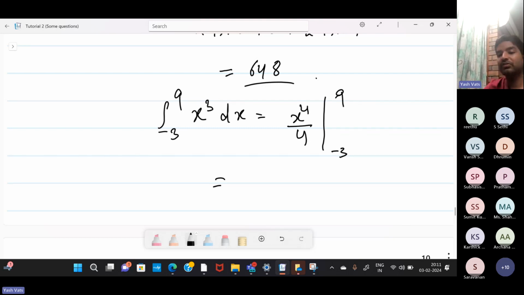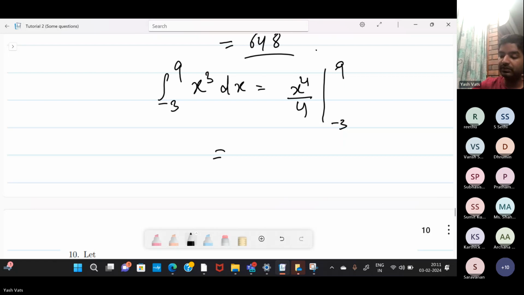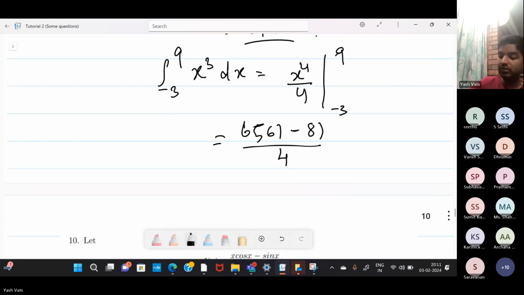What is this actual value? 9 to the power 4 is 6561. One six two zero. 1620.